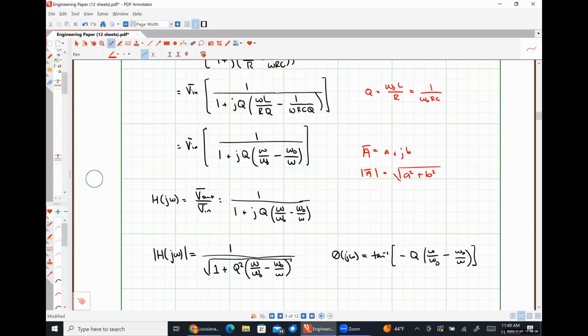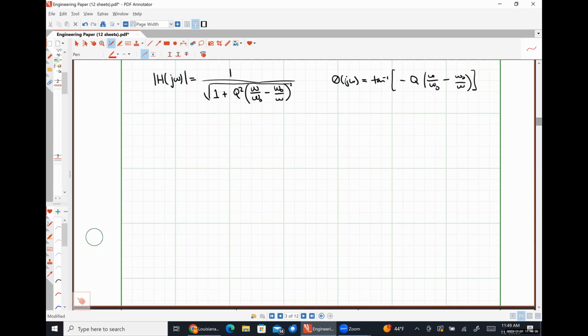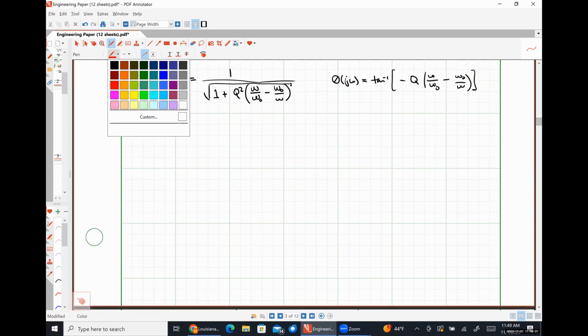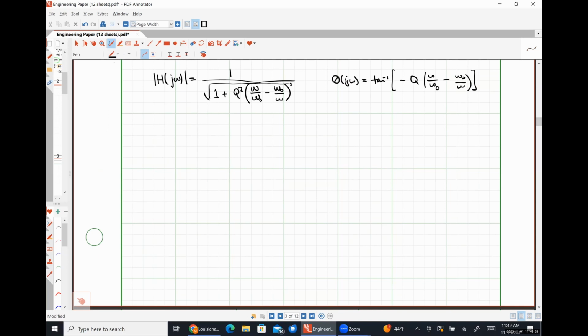All right, so let's plot this bad boy. On the left-hand side, let's plot my magnitude response. This is not in a logarithmic scale, just to be really clear.